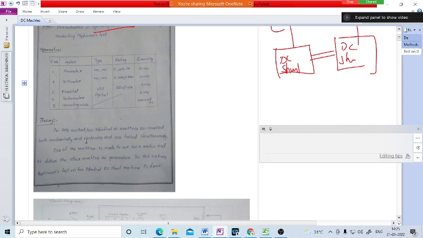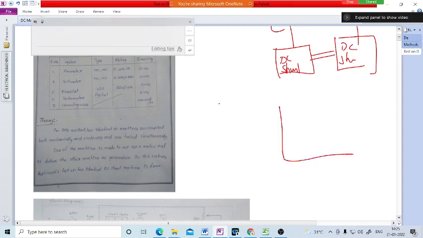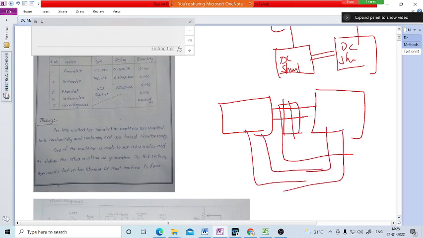In the open characteristics test of the DC shunt motor we couple the shunt motor and shunt generator mechanically but not electrically, whereas in the regenerative or Hopkinson test we couple them electrically also, with the polarities and current flow connected. One machine runs as a motor and the other acts as a generator.